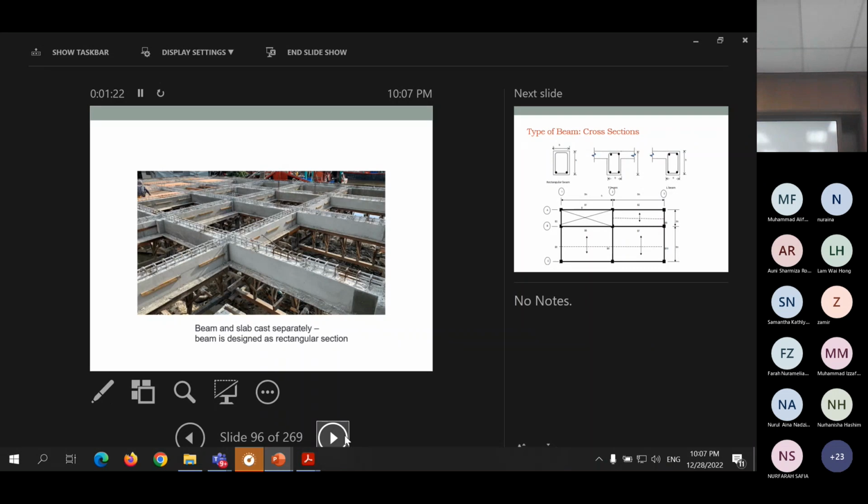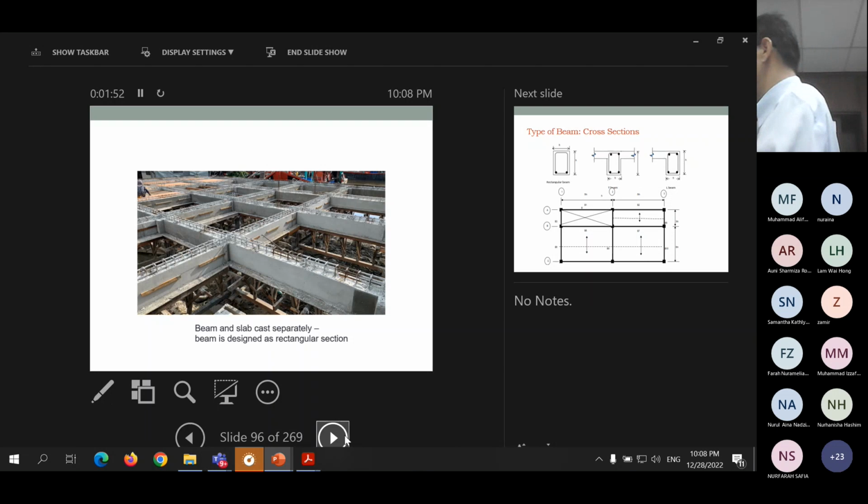Sometimes the beam and the slab, the rebars, everything is put ready, and we pour concrete and they are cast together. So when they are cast together, then you can take advantage of the slab together with the beam and design them as flange sections. If in the construction process, beam and slab are cast separately, then we design the beam as rectangular sections.